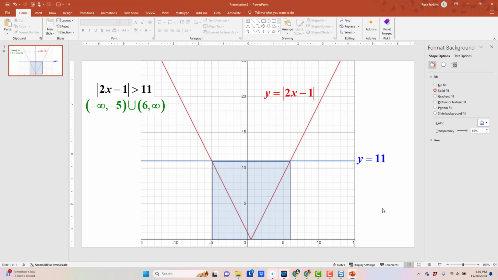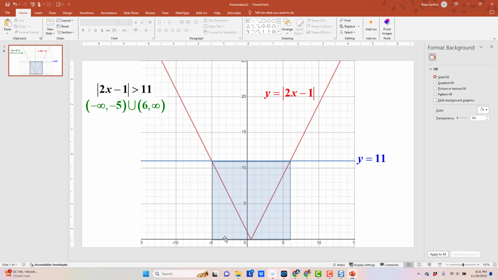Okay. Notice that the x values where this happens ends up being one continuous range, right? It's from -5 all the way over to 6 without any breaks, okay? From -5 to 6, excluding -5 and 6, because we know that's where it's exactly equal to.